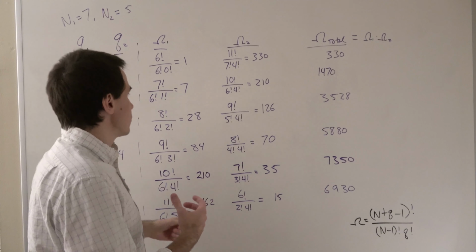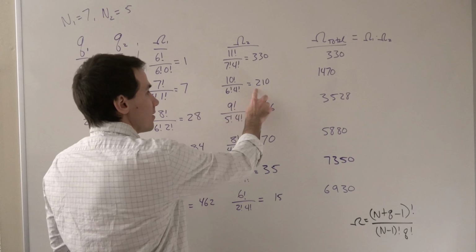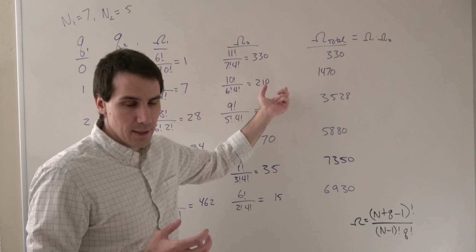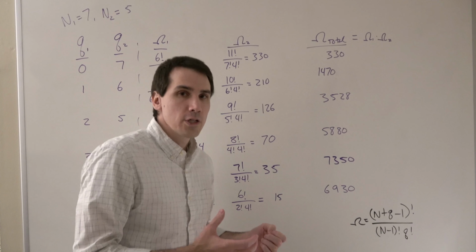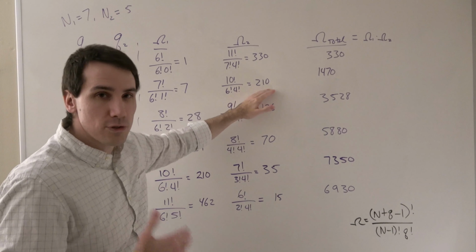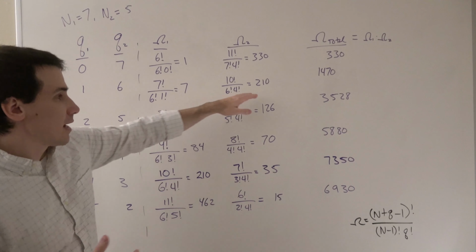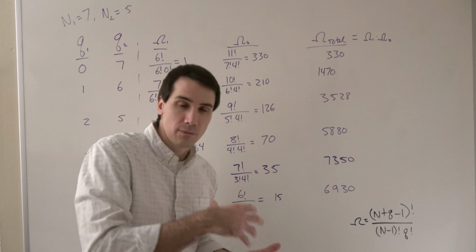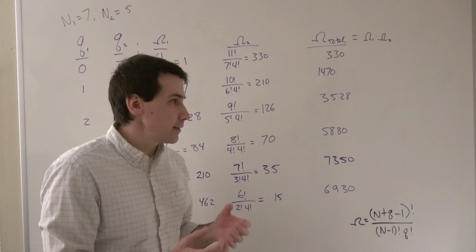So I have 7 options here, I choose one of those, and for each of those options, there are 210 microstates in solid number 2 that I could choose from, right? So each of my choices that I make here has an associated 210 microstates with it. So I have 7 times 210, which is 1,470 total possible microstates between these two solids.